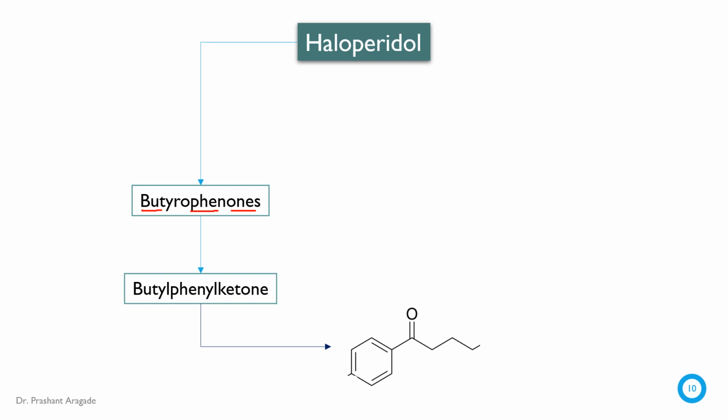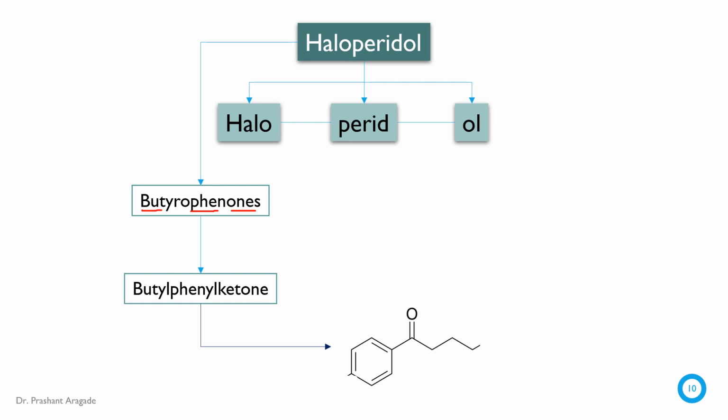The second and most important thing is the name of the drug. You have to observe the name of the drug and the structure of the drug and then try to get an idea from the name. I have divided the word haloperidol into three parts, just like this: halo, perid, ol. You have already mentioned its heterocyclic ring in your classification, that is piperidine.